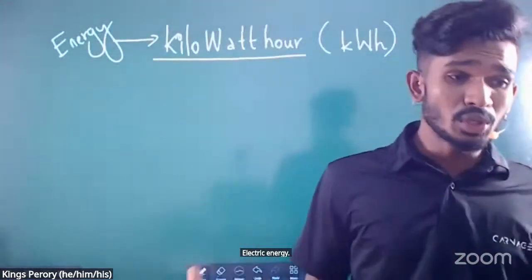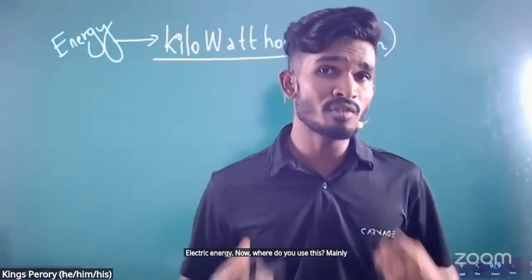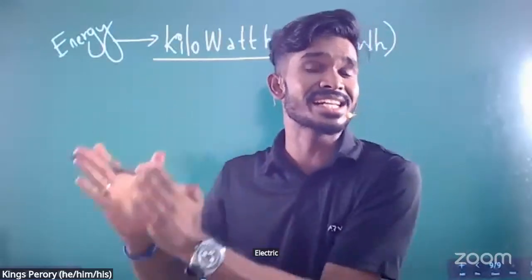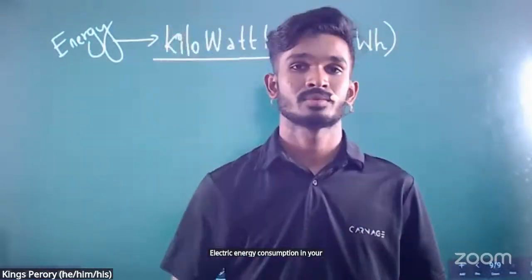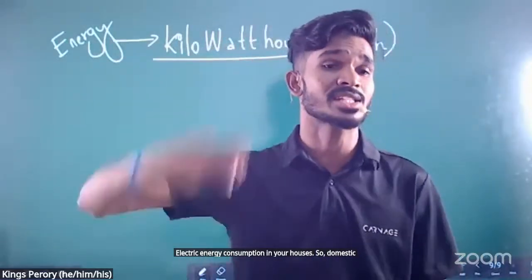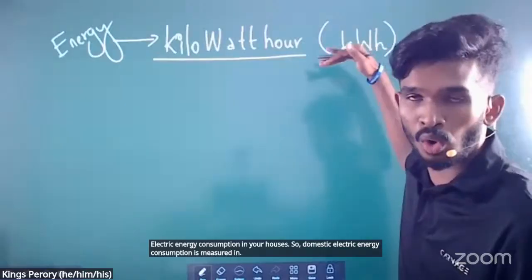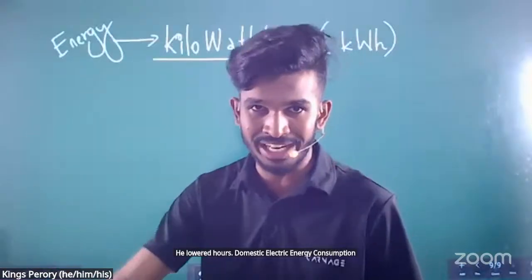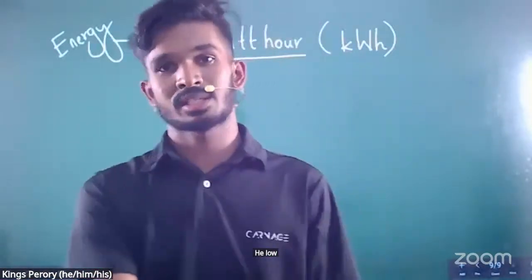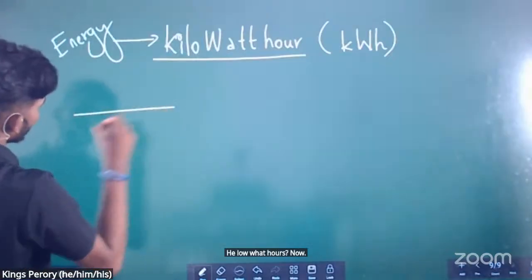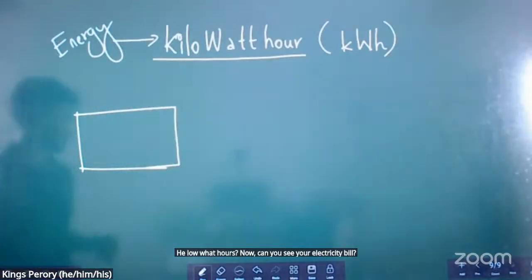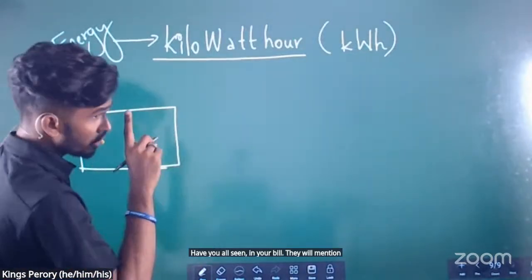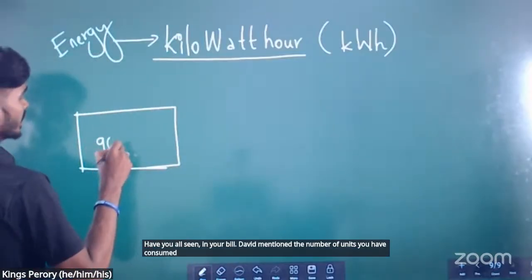Now, where do you use this? Mainly, kilowatt hour is the unit used to measure electric energy consumption in your houses. So, domestic electric energy consumption is measured in kilowatt hours. Now, when you see your electricity bill, have you all seen that they mention the number of units you have consumed, 90 units.